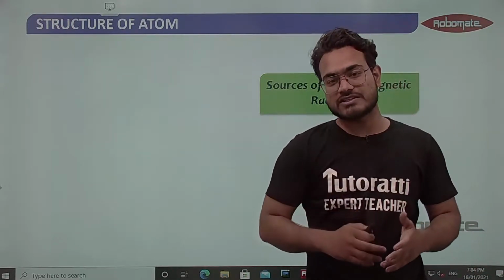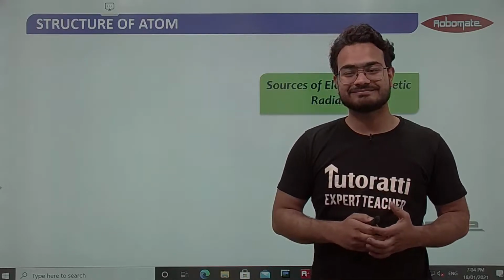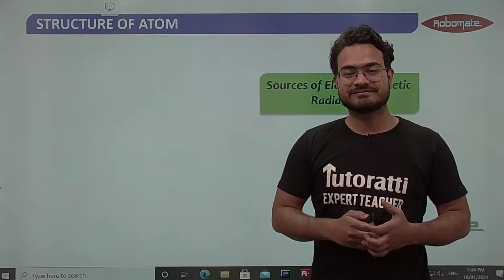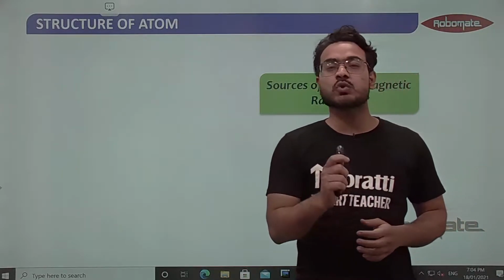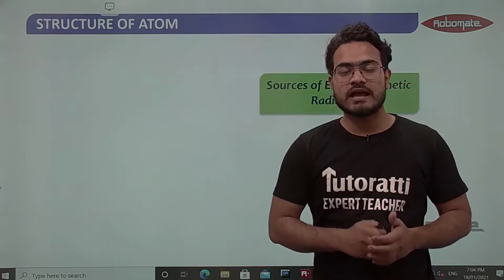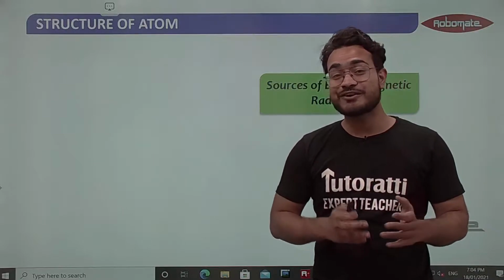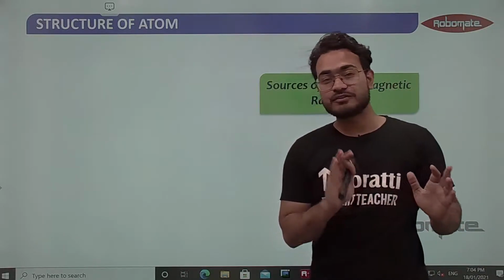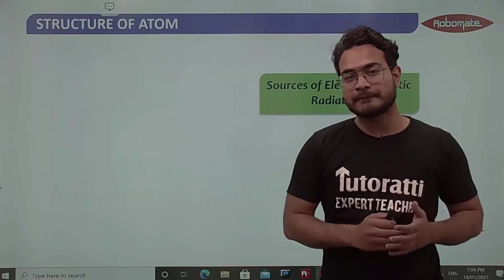Can you tell me what that source is? What can be that source? You guys are very correct. The source is the sun. If you just imagine the sun, what are the things that come to your mind?